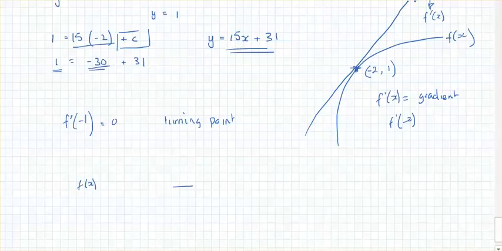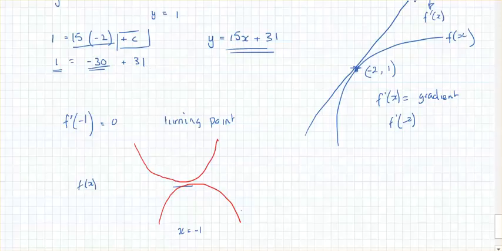Now, that is when x equals minus 1. It's going to have a flat bit. Now, it could either go down like this to that point, or it could go up like this to that point. Which one is it and why? So it could either be a maximum or it could be a minimum.